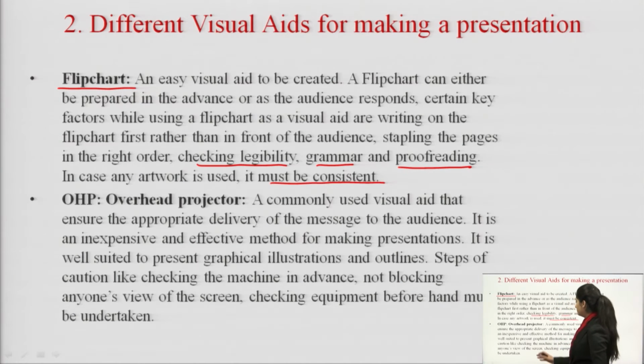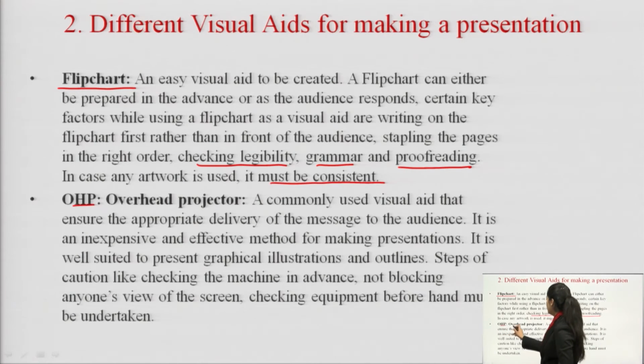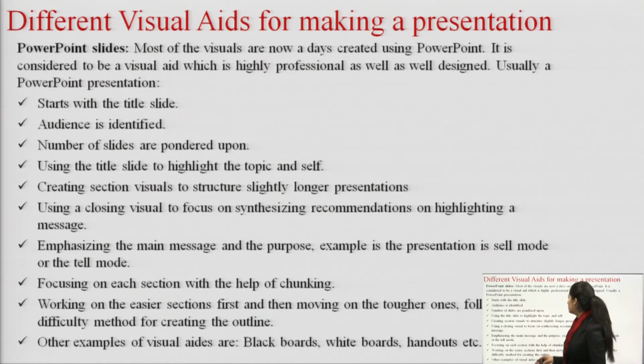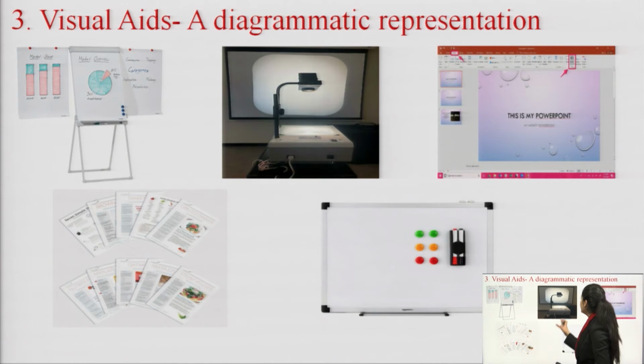Moving on, you have an OHP, which is commonly called an overhead projector. Now, this overhead projector has been substituted by a lot of PowerPoint presentations, but still it is used as a very powerful tool or visual aid while we are presenting something. Let me show you how an overhead projector looks. It is somewhat like this.